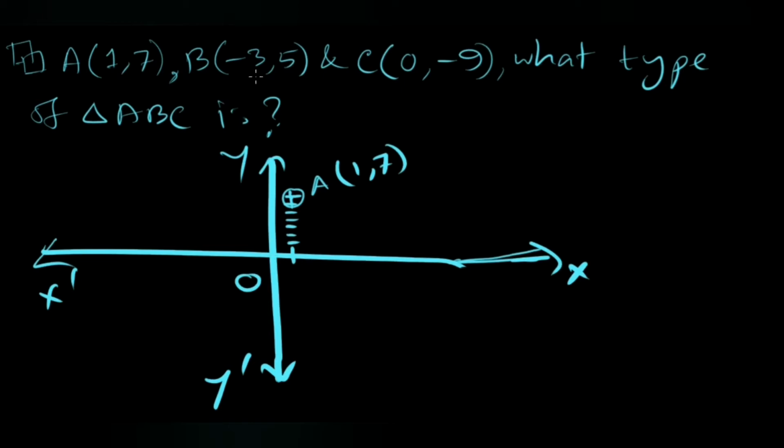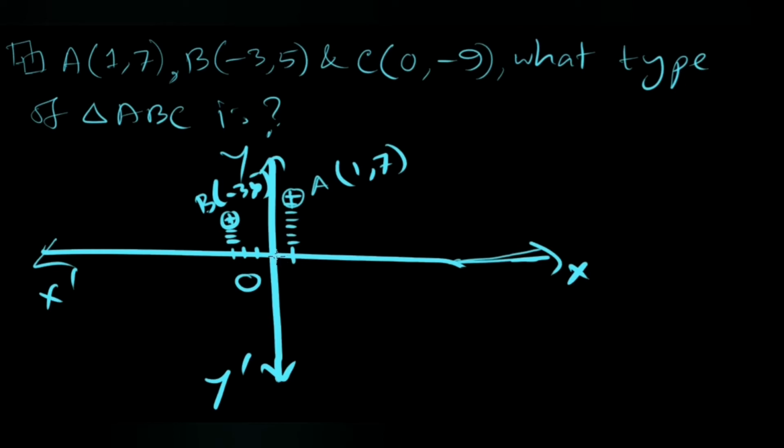As its abscissa is -3, it will be along the negative x-axis to the left. So first -3 steps along the x-axis, and from there we will go upward along the positive y-axis, and 5 steps I'm going from here. So 1, 2, 3, 4, 5. So consider this is our point B, -3, 5, and the third one is 0, -9.